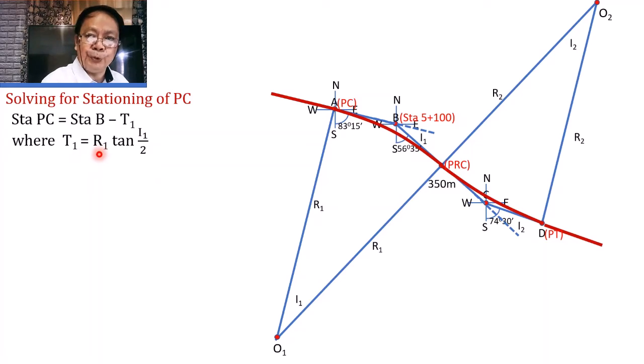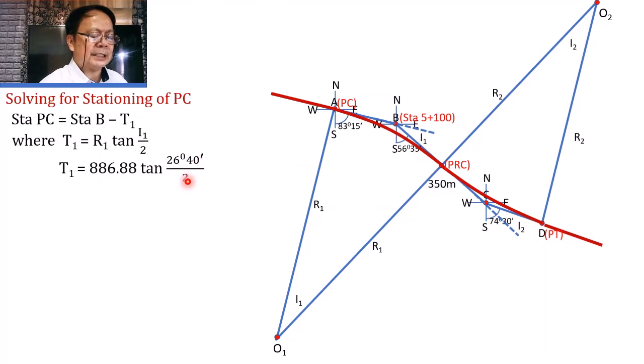We have just computed r sub 1, which is equal to 886.88, so when we substitute that value, we shall have 886.88 times tangent of 26 degrees 40 minutes divided by 2. So we can find that the value of the first tangent will be equal to 210.19 meters.